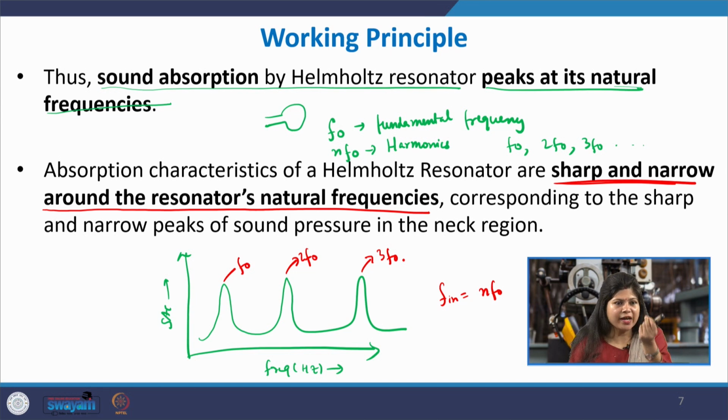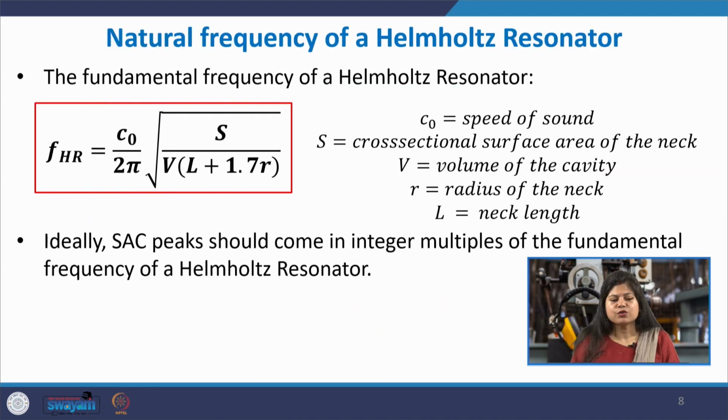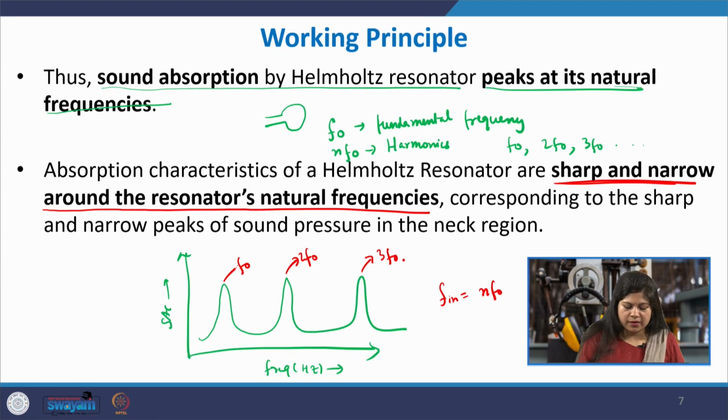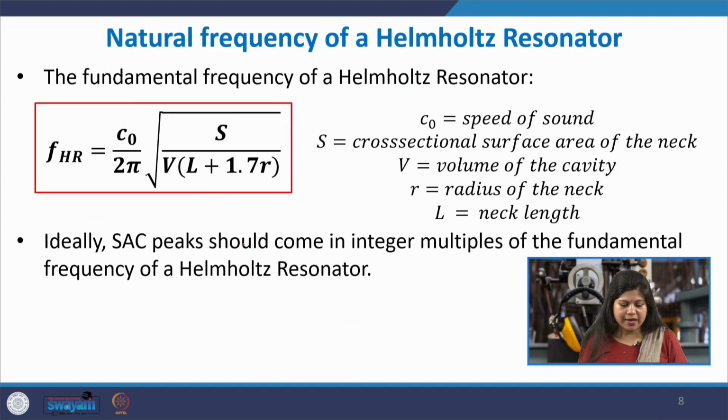You can only absorb at some specific target frequencies, you cannot do it for a wide range. The absorption characteristic depends a lot on the fundamental frequency of the Helmholtz resonator. The fundamental frequency f naught of this Helmholtz resonator is given by this expression here, which is c naught by 2 pi times the square root of S by V into 1 plus 1.7 times R.